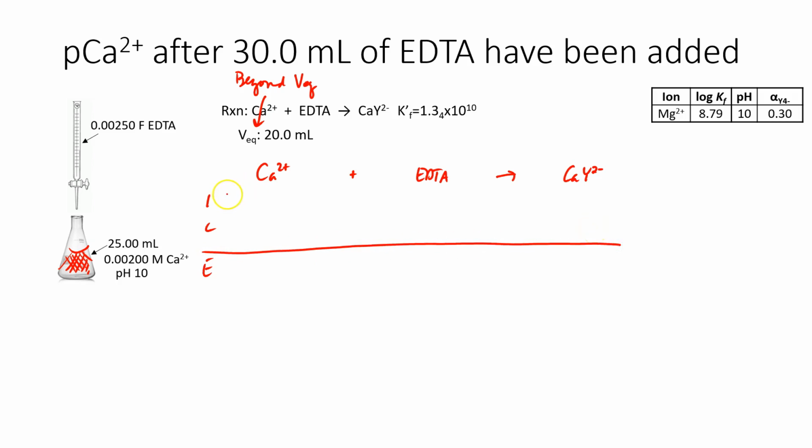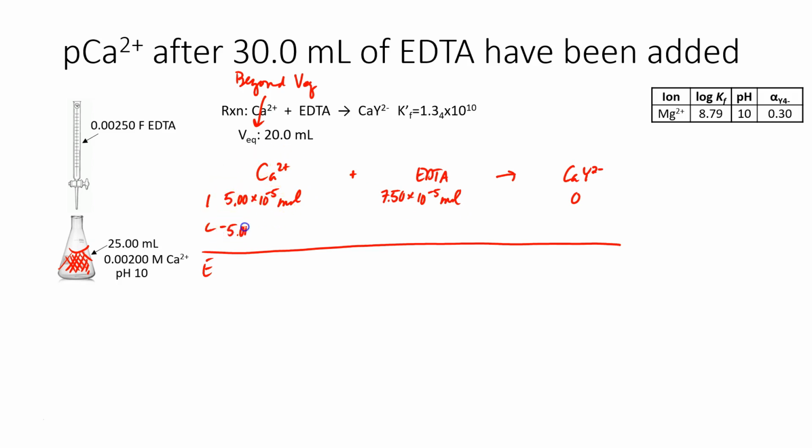My initial moles of calcium aren't going to change. We calculated those a while ago. And now for the initial moles of EDTA, you know the concentration, you know the volume that was added. That works out to be 7.50 times 10 to the negative fifth. And the moles of complex initially are 0. So now, looking at your ICE table, you see that calcium is the limiting reactant.